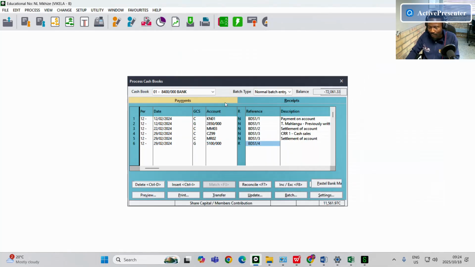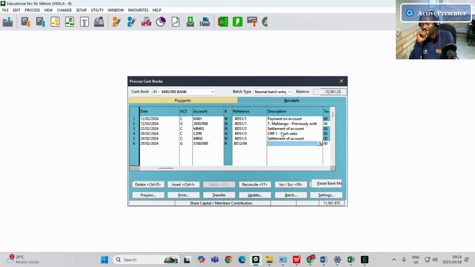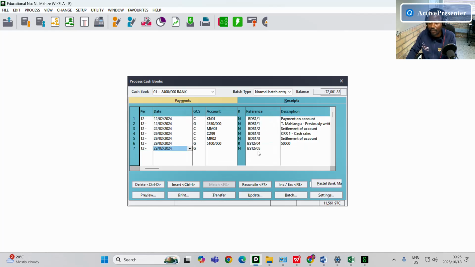Okay, it's fine. Actually, now it's bank statement 12/04. Right, so it's BS12/04. Then the amount is, I'm just checking for the amount we received from this direct deposit, 50,000. So there's no VAT involved.